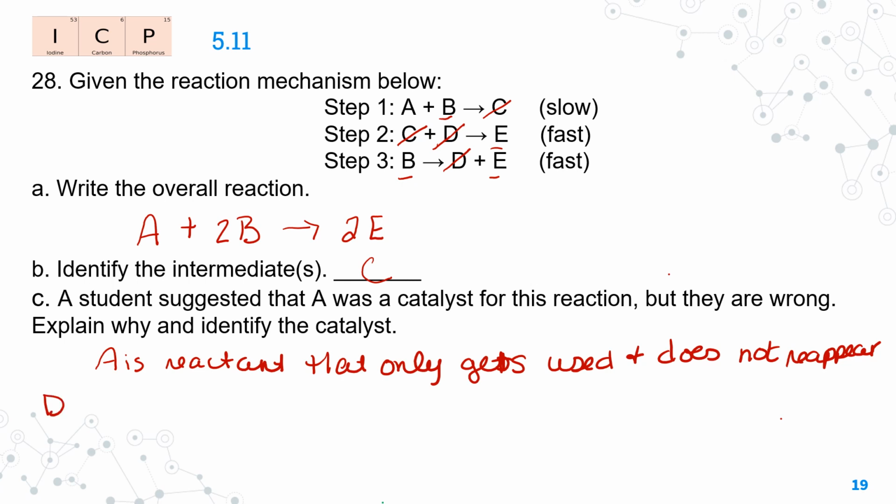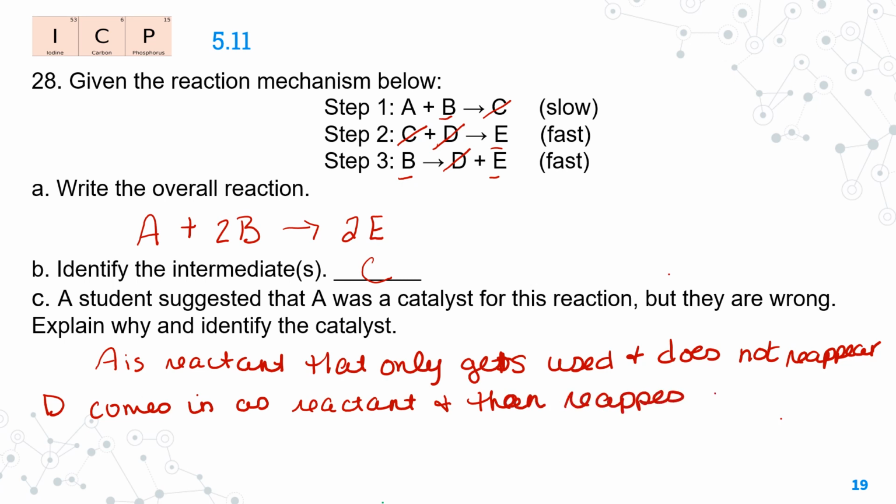D, on the other hand, comes in as a reactant, as a product that was not made in the step before, and then reappears as a product.